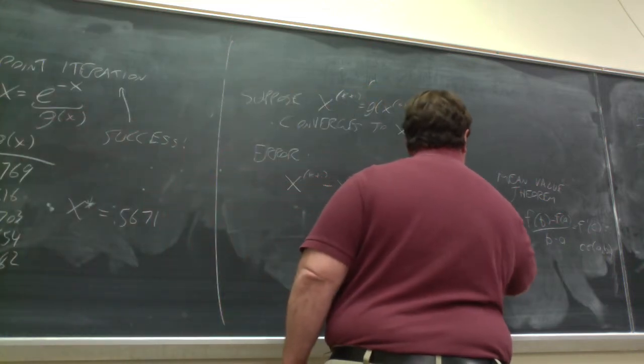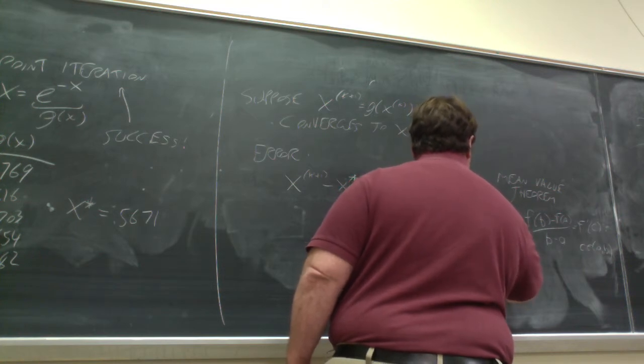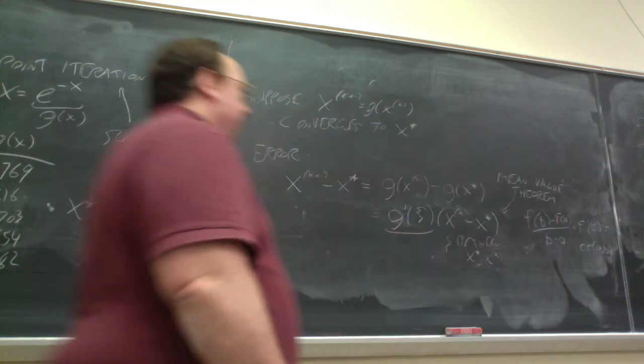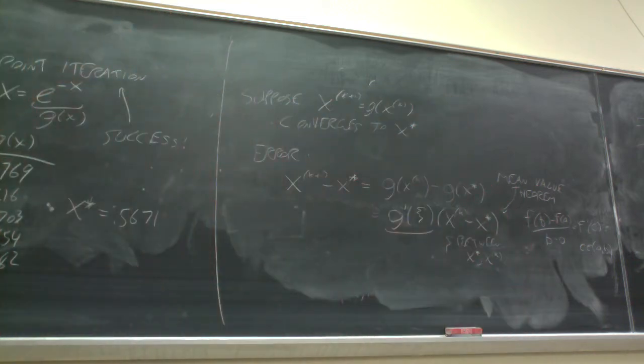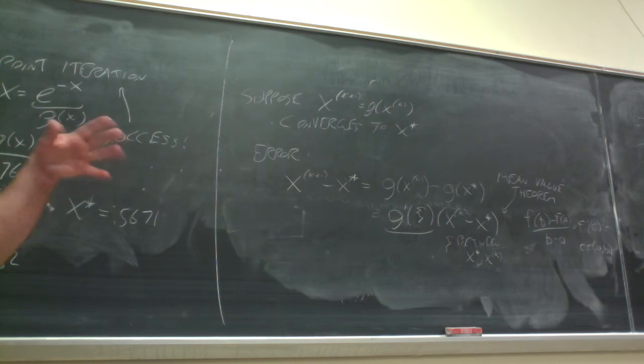And keep in mind that this point is between x star and x k. So what should be true of g prime to make sure that the error actually goes to 0? That should be less than 1. Yeah.